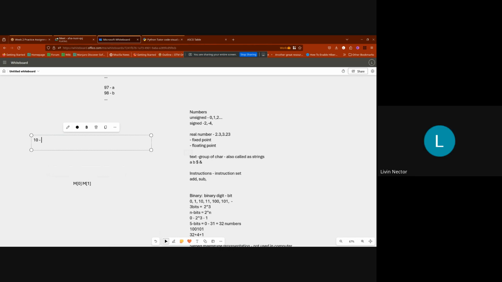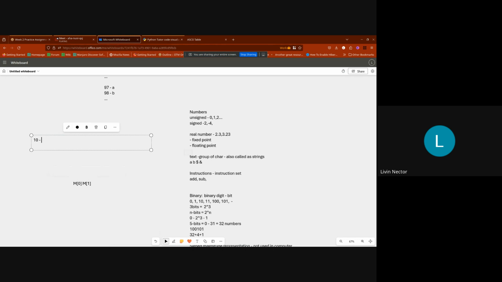So to represent 2 power n values, we need only n bits. So to represent 2 power 10 values, we need 10 bits.